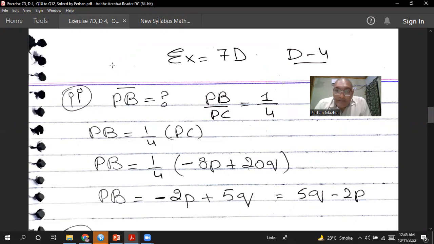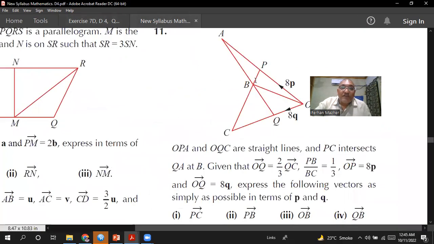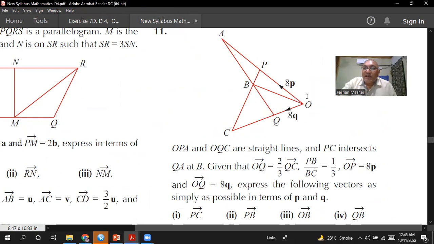So PB will be 1 by 4 of the PC, and the PC is minus 8P plus 20Q. So it will be minus 2P plus 5Q. So 5Q minus 2P. This is how you find the PB. So now I know the value of the PB and the value of the PC. Then they want me to find out the value of O to B. O to B, so I can make the bypass here.